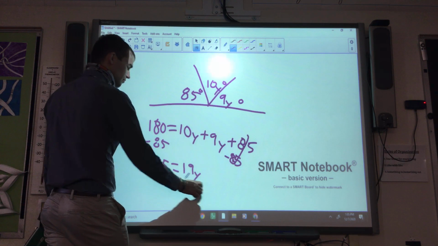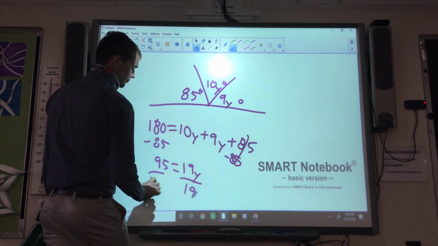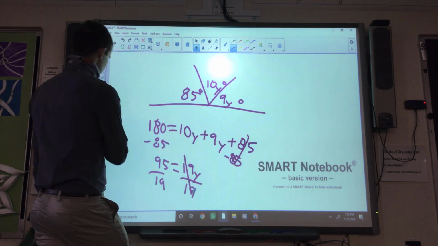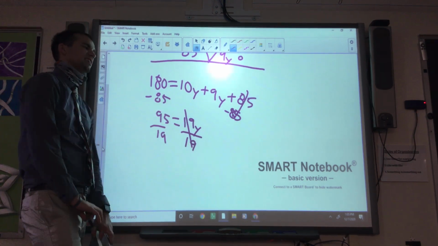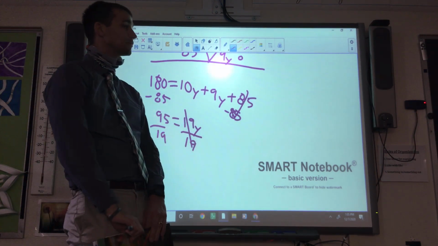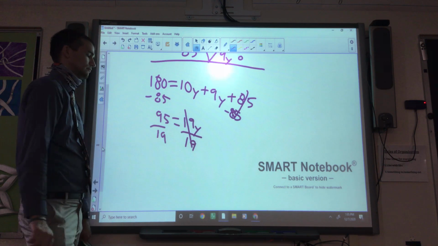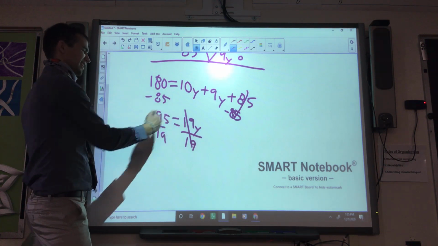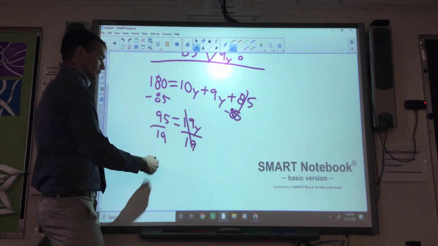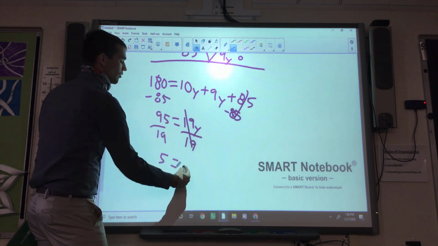We need to divide by 19 on both sides, and then 95 divided by 19. Think, 100 divided by 20 is 5. And this is 95 divided by 19, so there's 1 less 5, so it's still 5. Y equals 5.